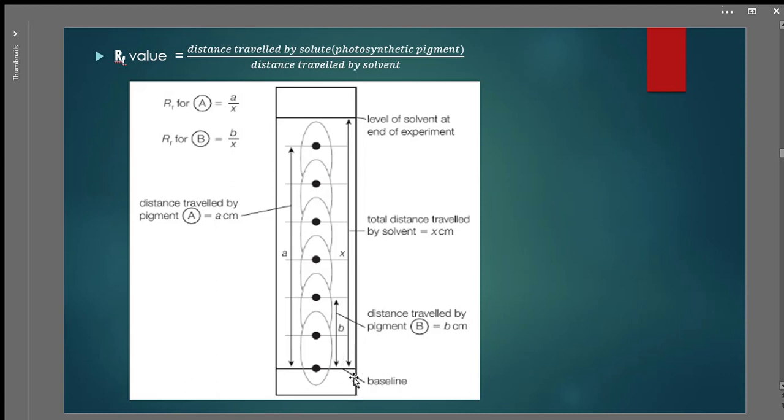You can draw it 2 centimeters or 5 centimeters, depending on the choice that you take. You draw it in pencil so that you avoid using ink, because ink contains dyes or different colors which may interfere with the pigment that you are going to place here from the extract that you have obtained from the leaves.